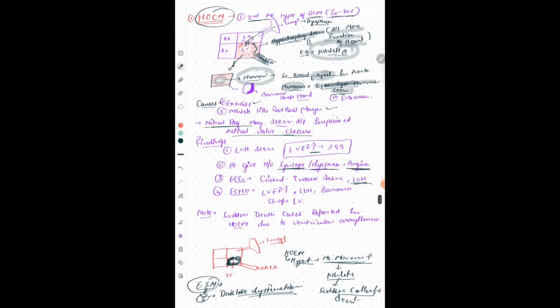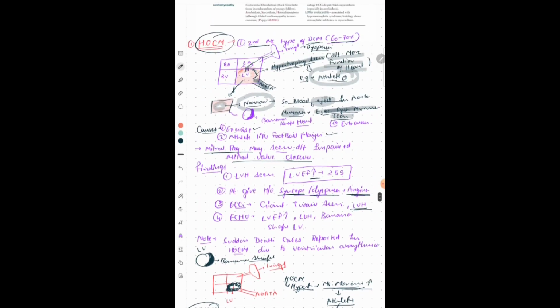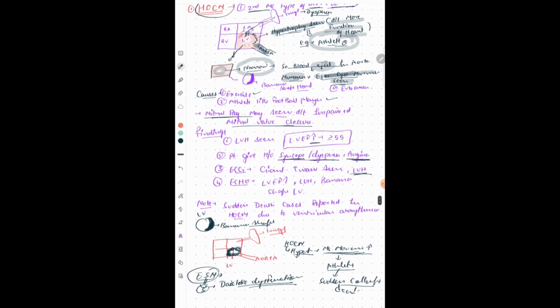This is the left ventricle, and this kind of hypertrophy is seen. This is a banana shape hypertrophy, seen in HOCM.